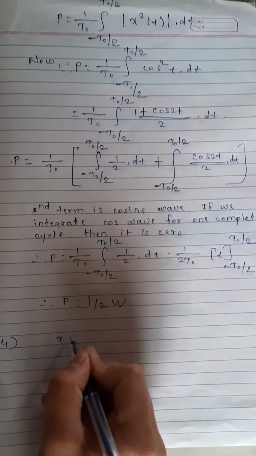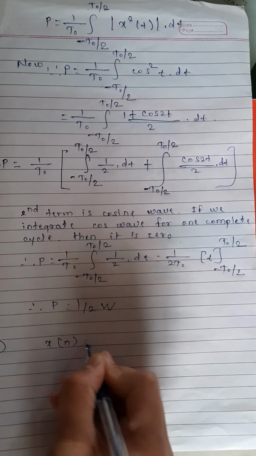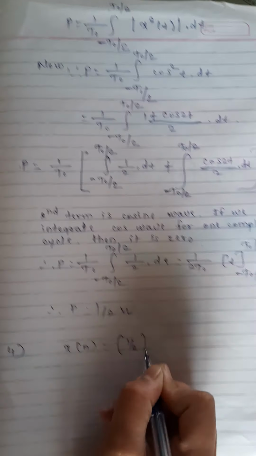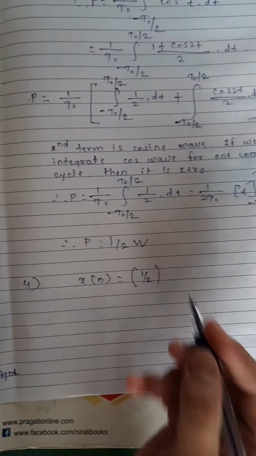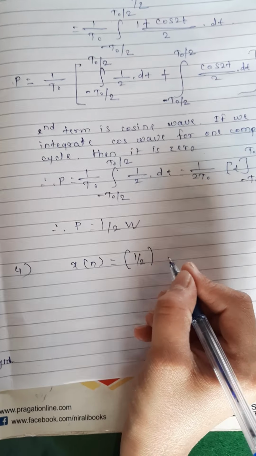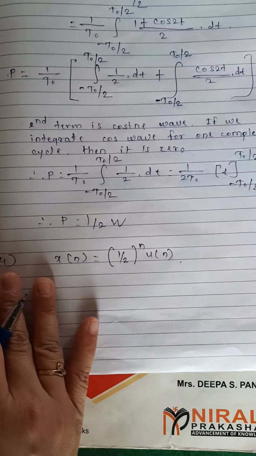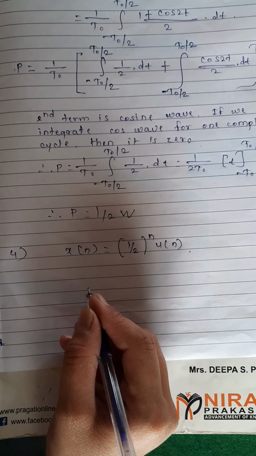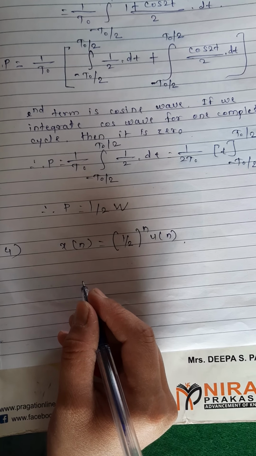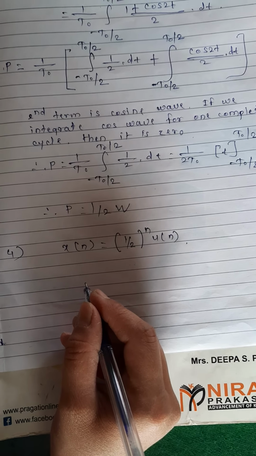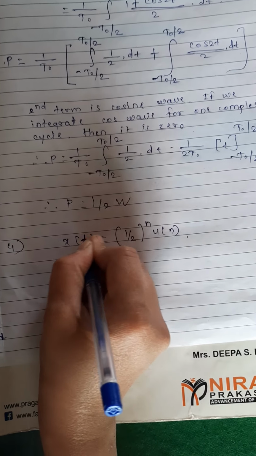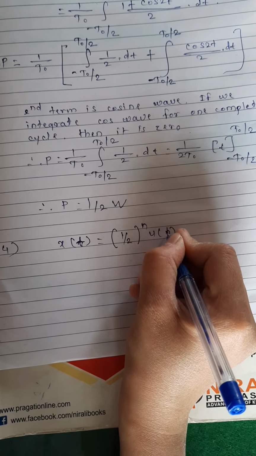Now here we directly write x of n given signal 1 by 2 raised to n u of n.